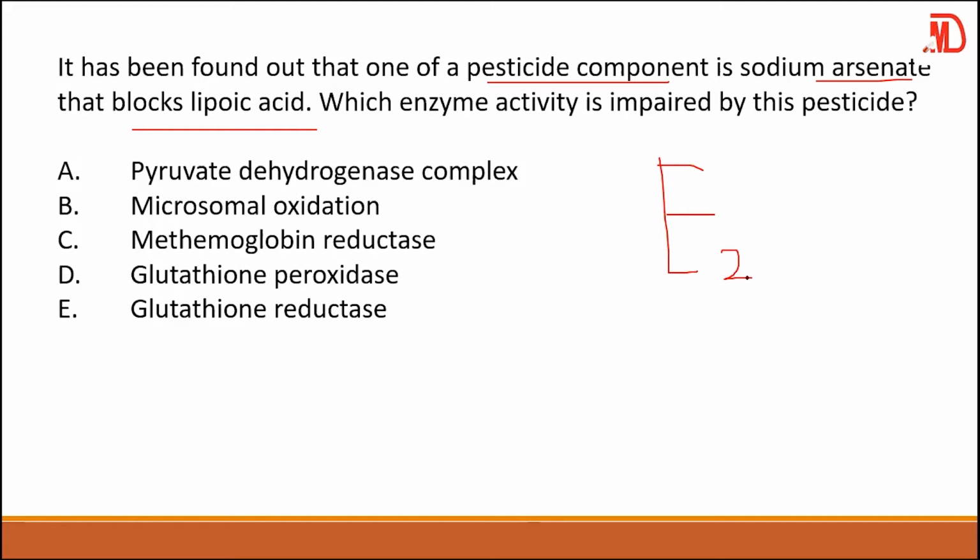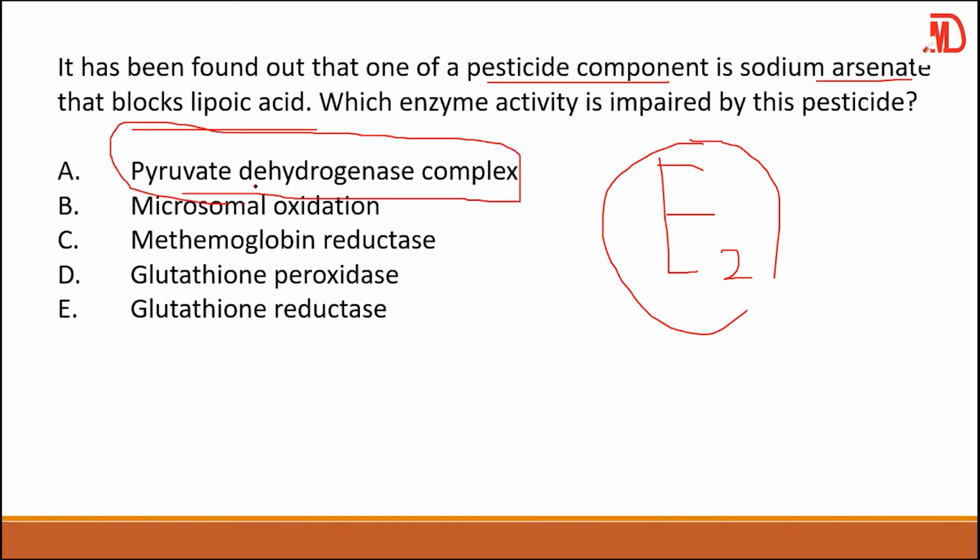And this E2 forms part of a complex enzyme called pyruvate dehydrogenase complex. I repeat, this lipoic acid is a cofactor. When we say cofactor, it's like an activator of this enzyme, E2. And this enzyme, E2, forms part of the pyruvate dehydrogenase complex.